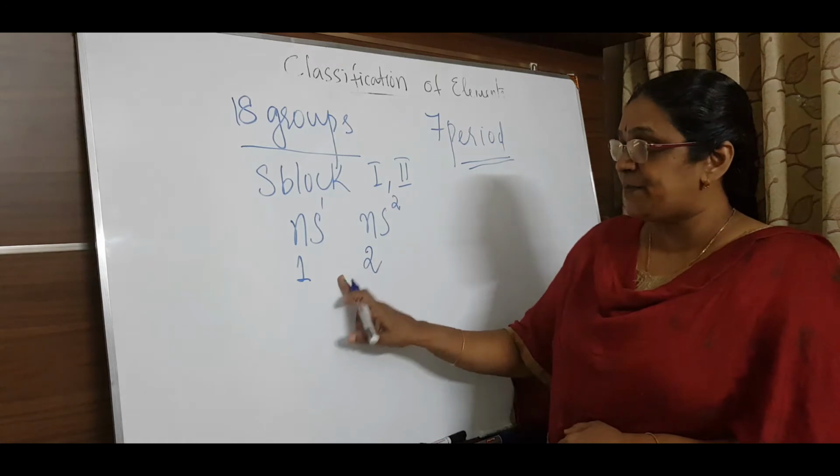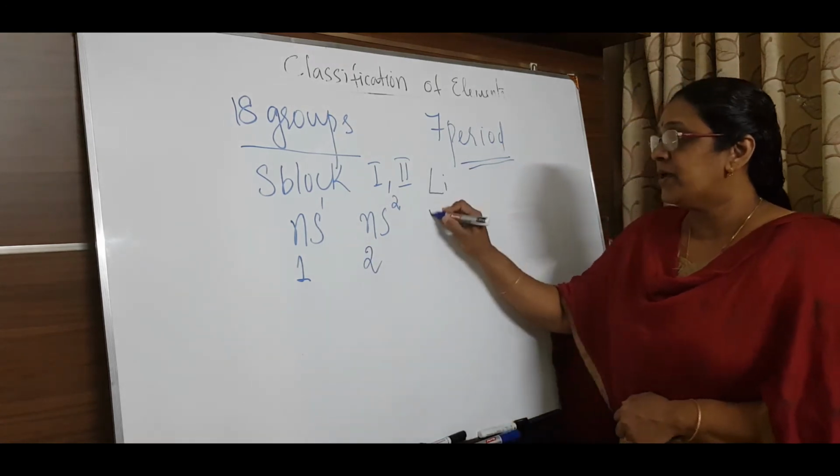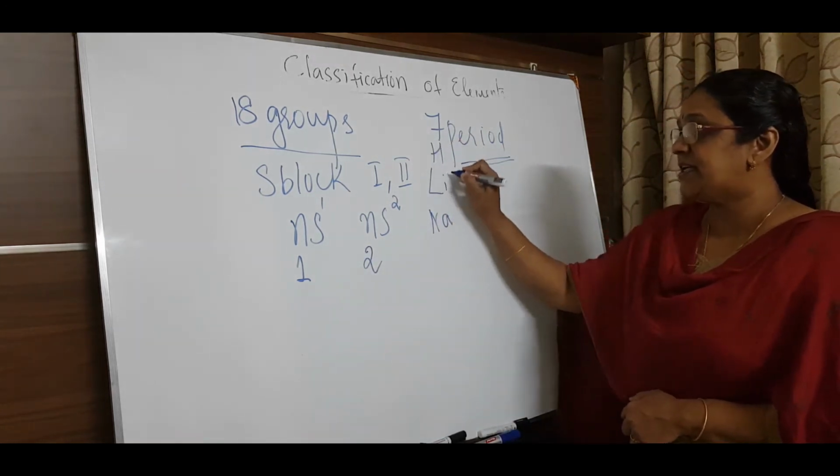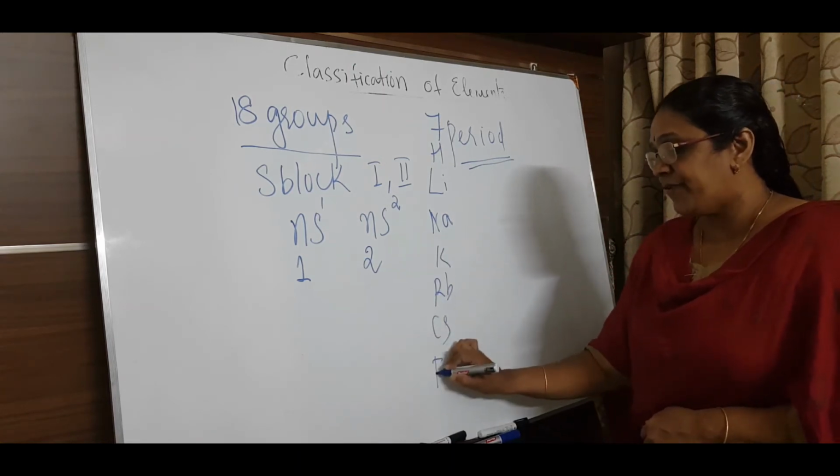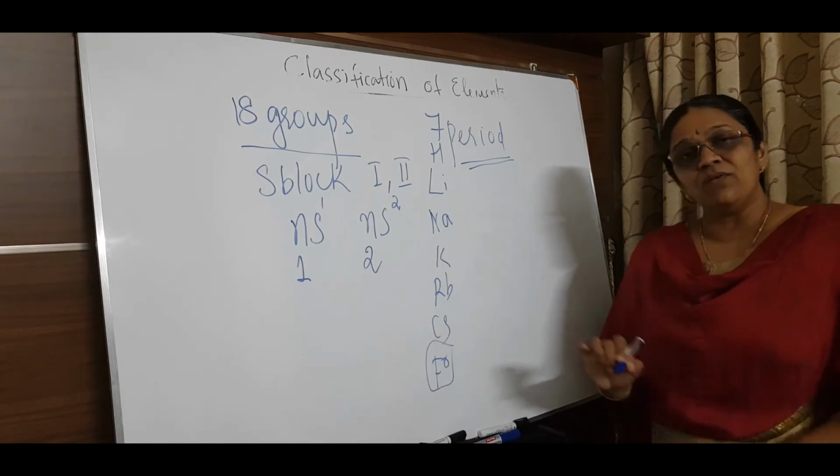In the S block we have hydrogen, lithium, sodium, potassium, rubidium, cesium and francium. Francium being radioactive, we won't talk about that.